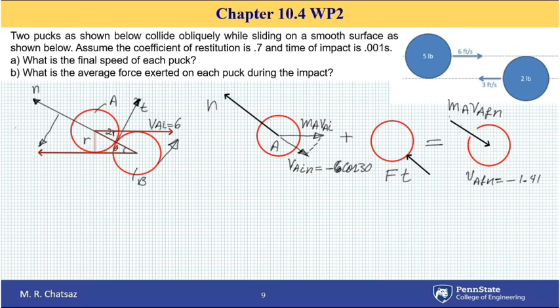So then if I write the equation in normal direction, impulse momentum principle, choosing this as positive, I have M is 2 pounds divided by 32.2 times the initial velocity in normal direction, minus 6 cosine of 30, plus Ft, that equals the same mass of 2 over 32.2 times a velocity of minus 1.41.